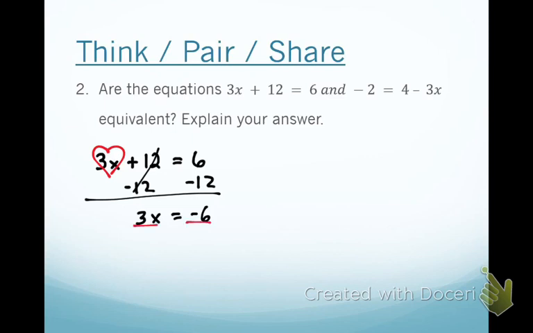Divide by 3 on both sides. And when you do that, what do you get? What is -6 divided by 3? Not -3. What is it, class? -2. All right, so that's the first answer.